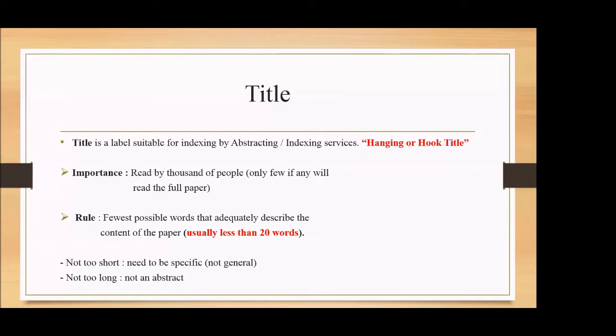They read the title first. If it matches what you're looking for, then you will start reading the article itself. So what is the rule? Use the fewest possible words that adequately describe the content of the paper. These are the words that you use. It's not random, okay?